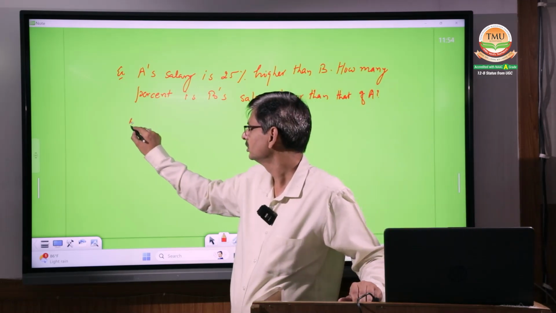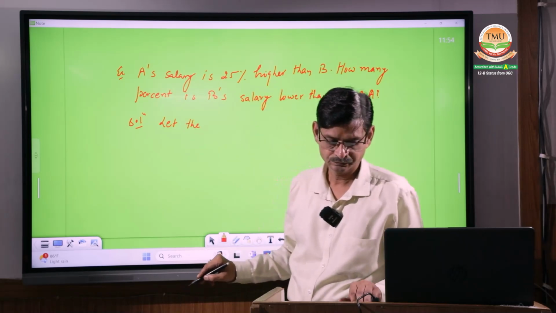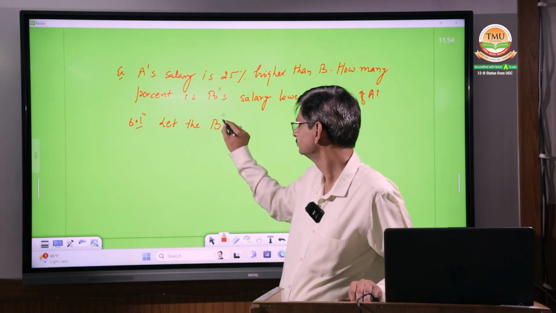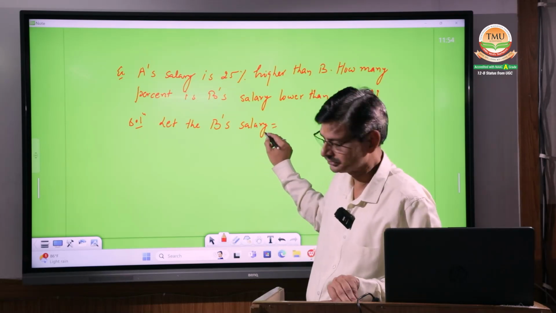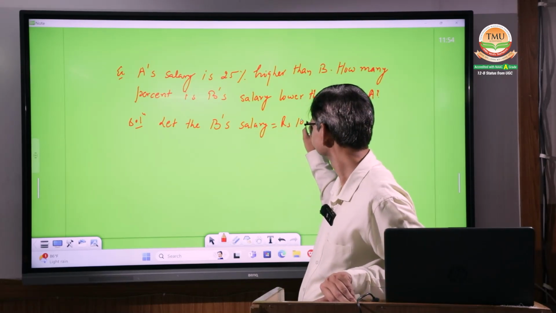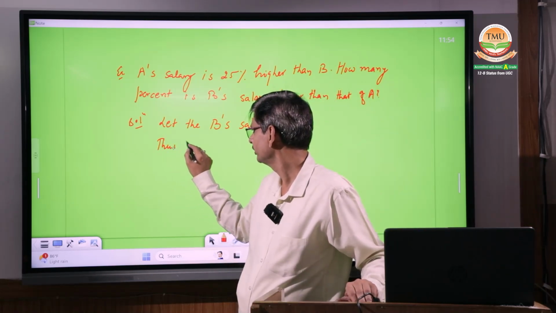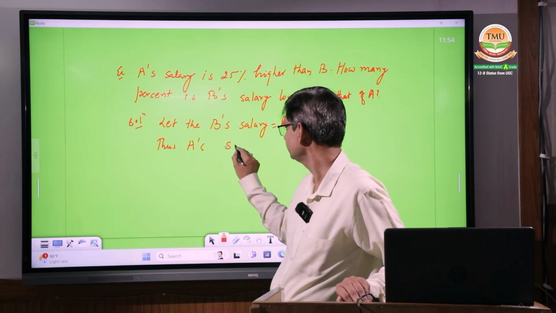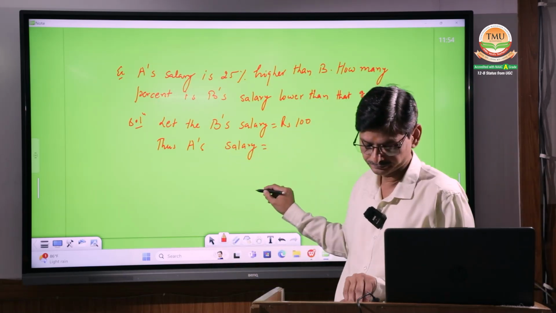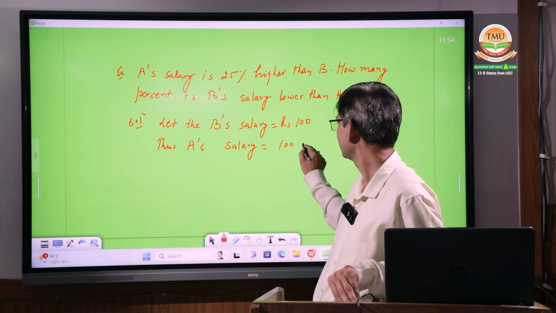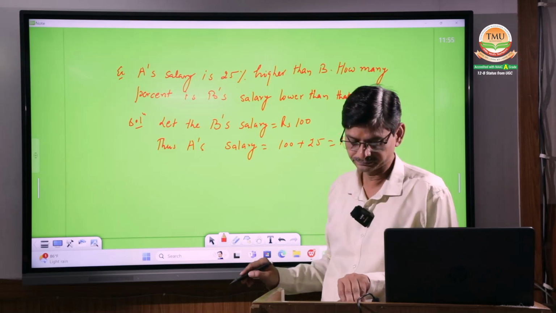Suppose let the B salary be 100. Thus A's salary, that is 100 plus 25, which will be 125 rupees.